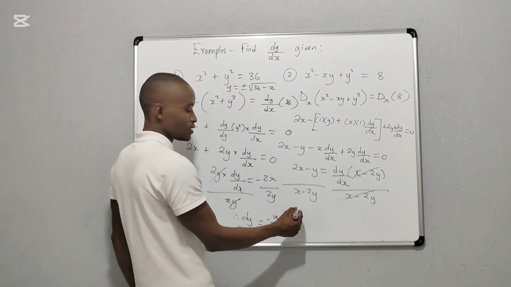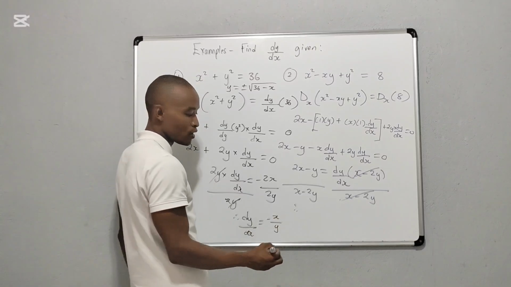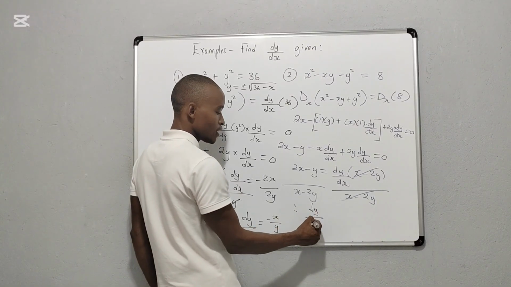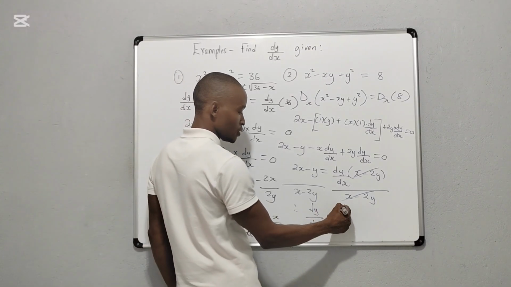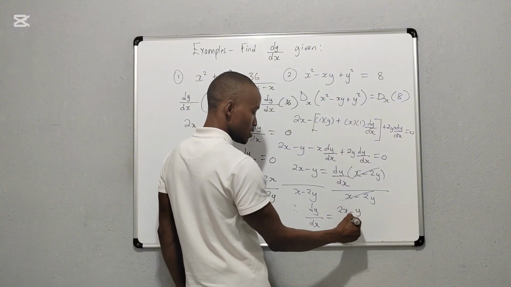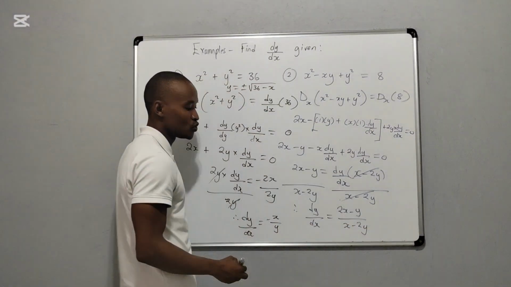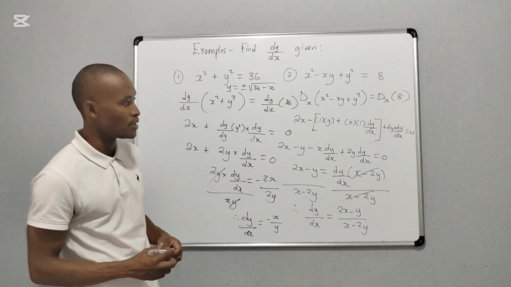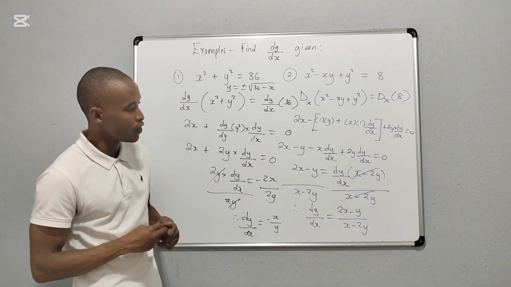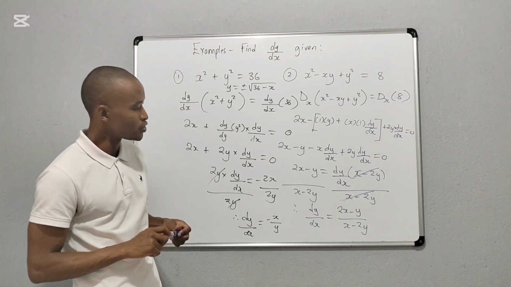You are left with the expression for dy over dx: dy over dx will be equal to 2x minus y over x minus 2y. Okay, so this takes care of example 2.